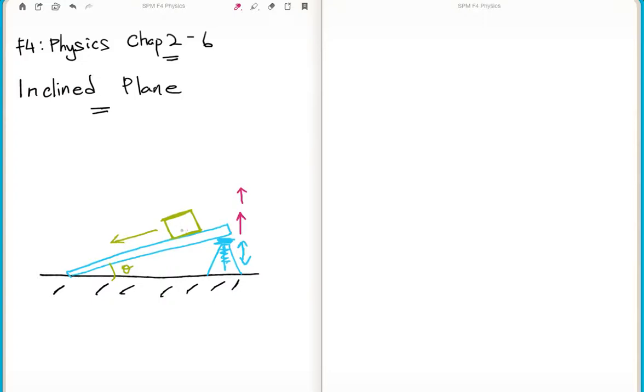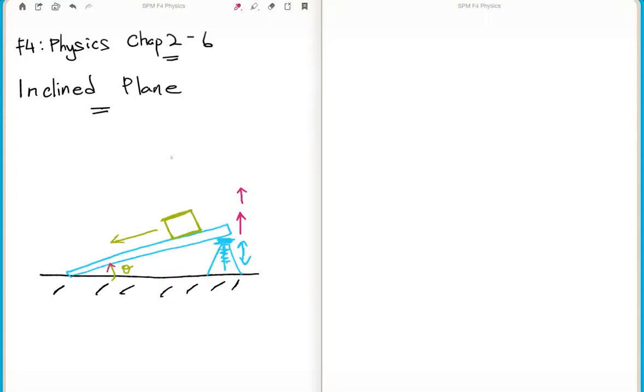But for here, you need to at least agree with me, so we're on the same page of the book, that this object will glide down at a certain angle of inclination. At a certain angle, when it is going up, this object will start to move. So there are two types of friction.